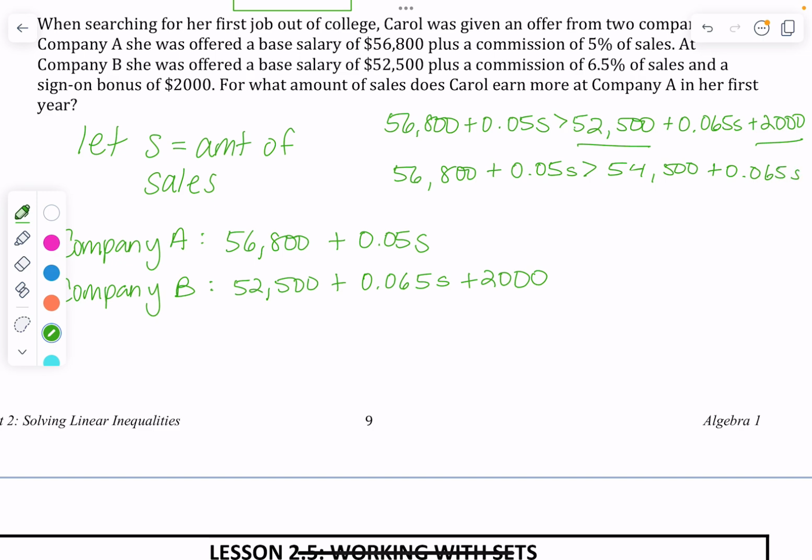Okay, move variables to one side. I'm going to subtract 0.05S from both sides.